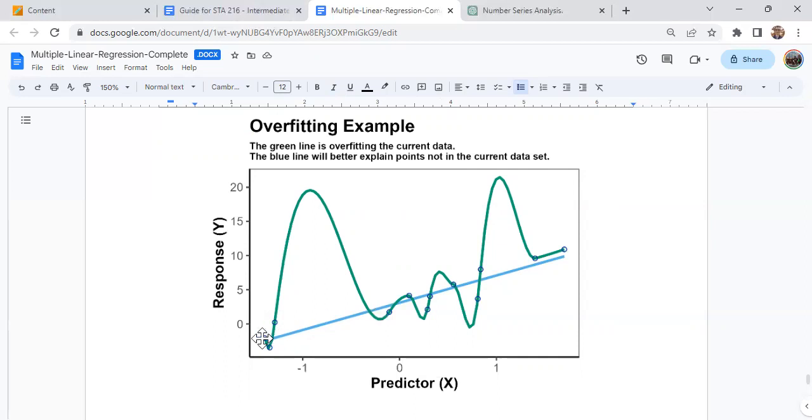But what's the problem with using this model, versus just the linear regression with just x as a predictor, the blue line? You add any other point, and that line is not good. Exactly. You add one other point, it'd probably be like here.